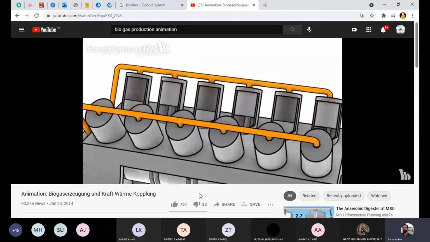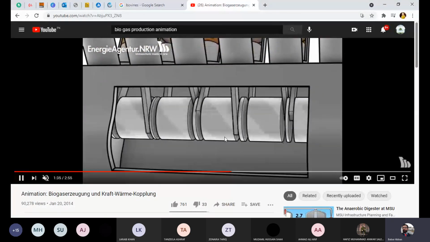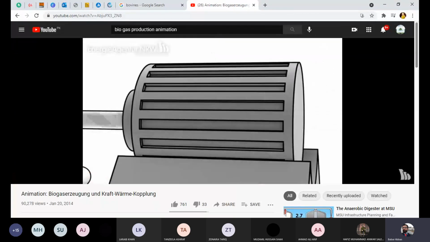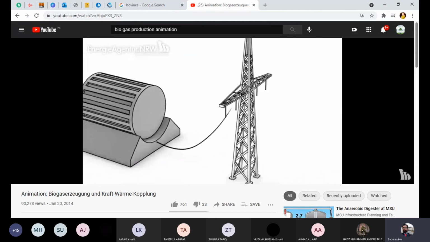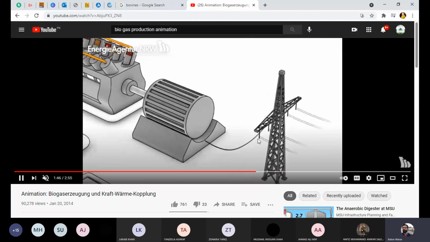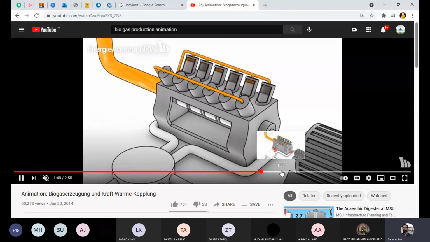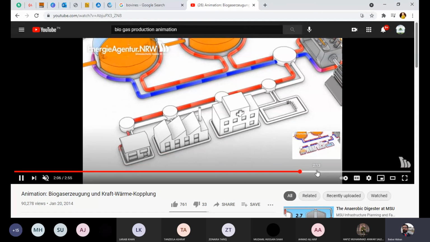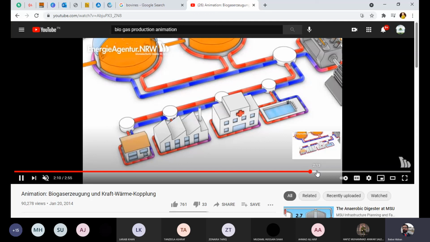This is the usage of biogas in generator operation. This generator can convert the biogas to electricity, which can obviously be sent to industry, institutions, and households for utilization.